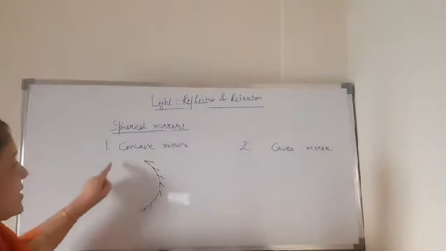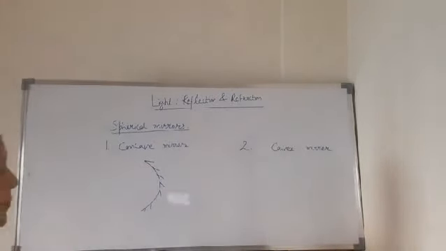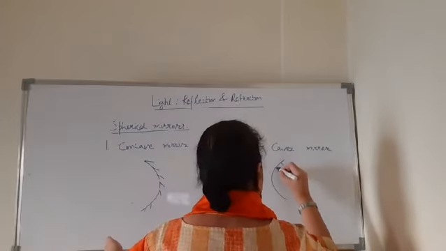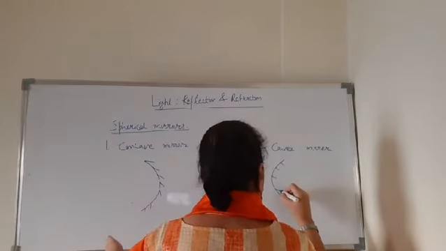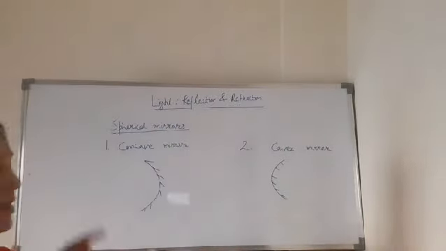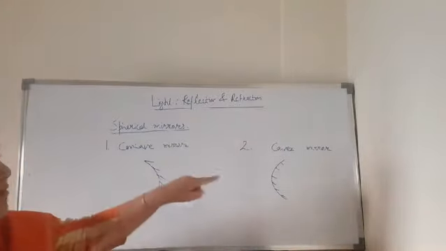Whereas in the convex mirror, the reflecting surface is bulging out. So this is the main difference between concave and convex mirror.